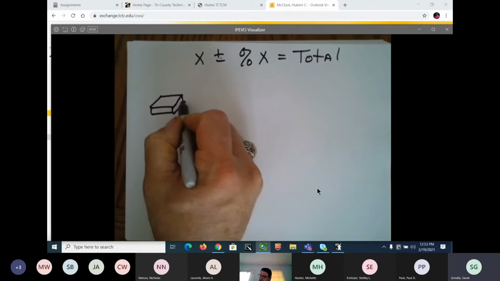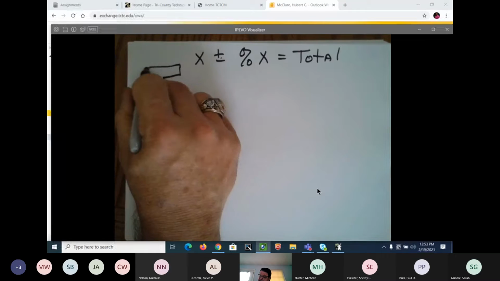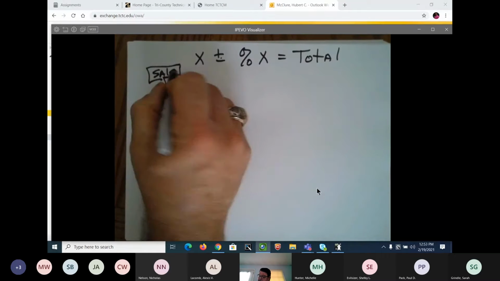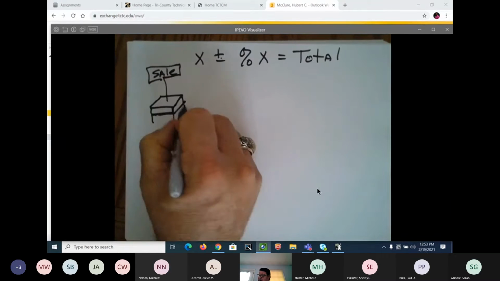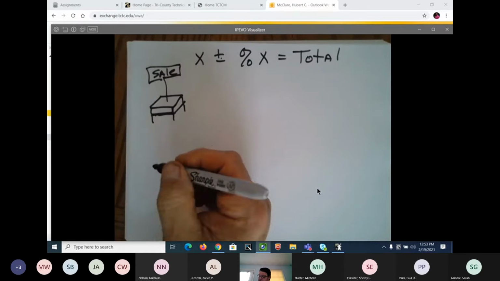On the main action alley, you got a sign, sale, and a bin where you're selling t-shirts.